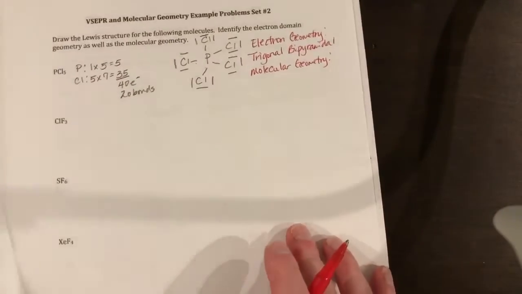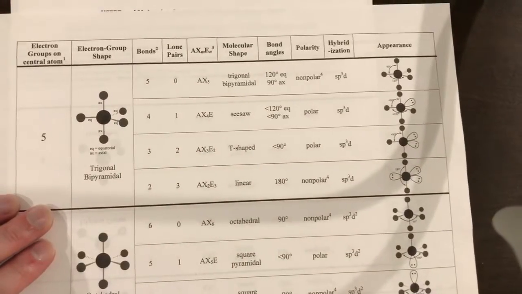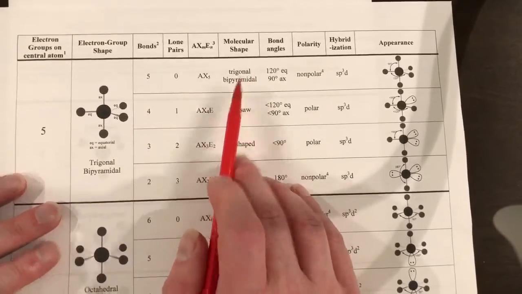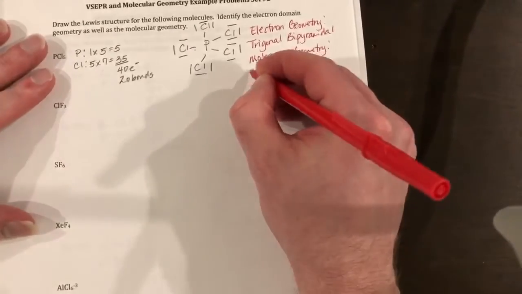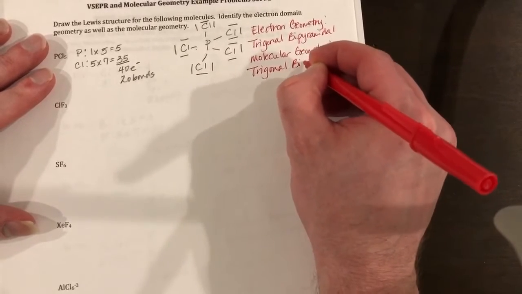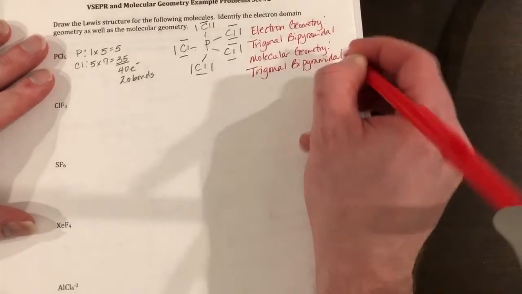In your molecular geometry, we have 5 bonds and 0 lone pairs. 5 bonds, 0 lone pairs. It's going to be trigonal bipyramidal.